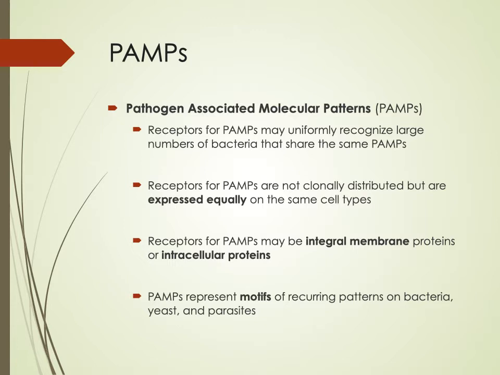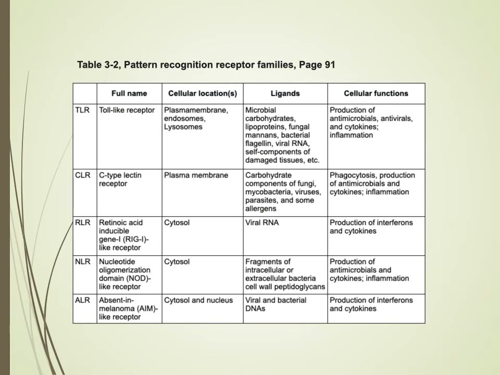One of the journal club papers we'll probably look at examines different molecular patterns and which receptors are activated by them. If we look at this table from the textbook, it shows some of the different receptor families. One of the most common ones that research looks at are toll-like receptors, TLRs, and there are a number of different TLRs. There's a journal club paper I've done before that looks at these different toll-like receptors and their activation. This is also a concept we'll talk about with the innate response later in the semester.